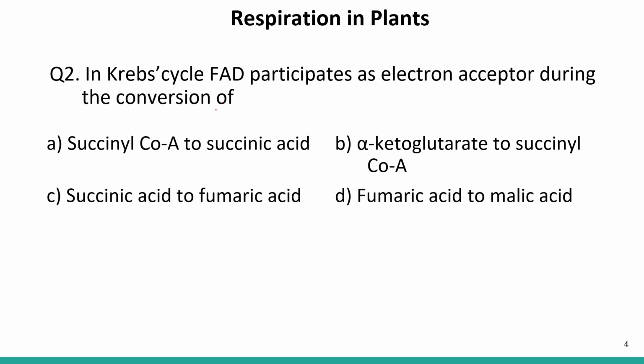The next question is: in the Krebs cycle, FAD participates as an electron acceptor during the conversion of... So let's talk about the Krebs cycle. What happens when succinate is converted into fumarate?